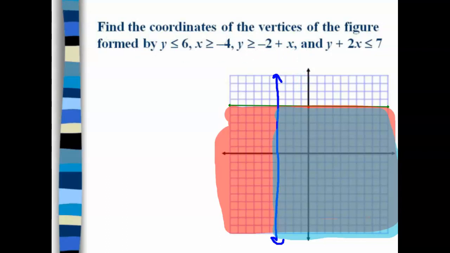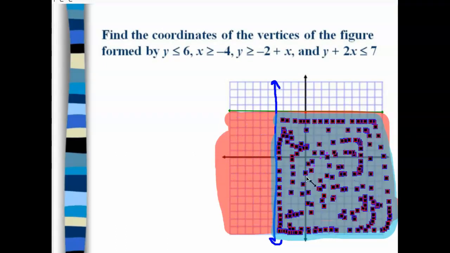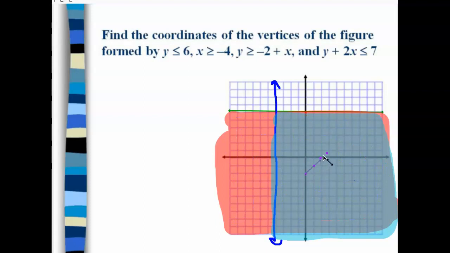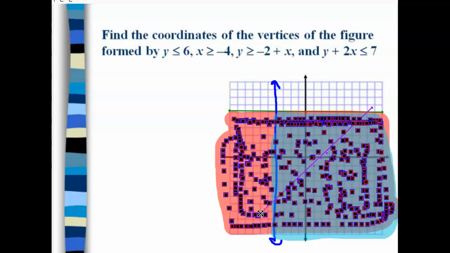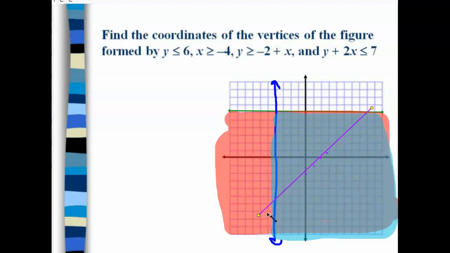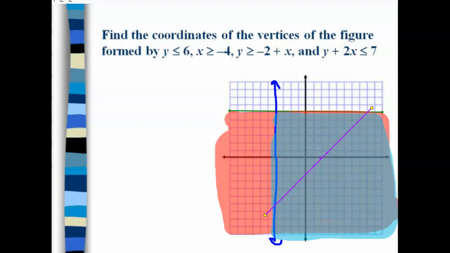So that tells me my y-intercept is at -2, and my slope is positive 1. The line is solid. There we go. And it's shaded above.